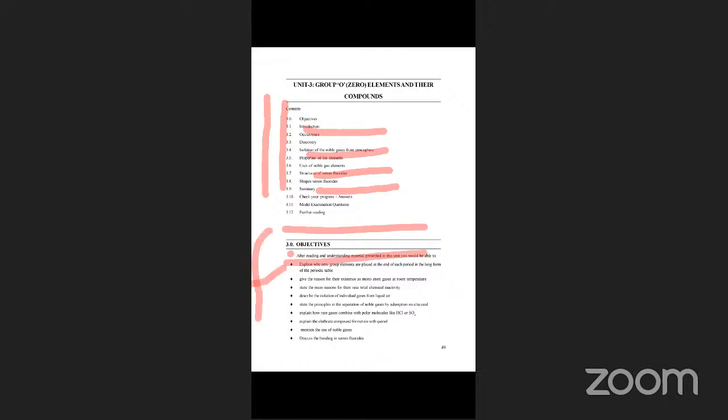Here the 0 group elements are placed, in the p block. 0 group is at the end of the periodic table, in the long form of the periodic table.